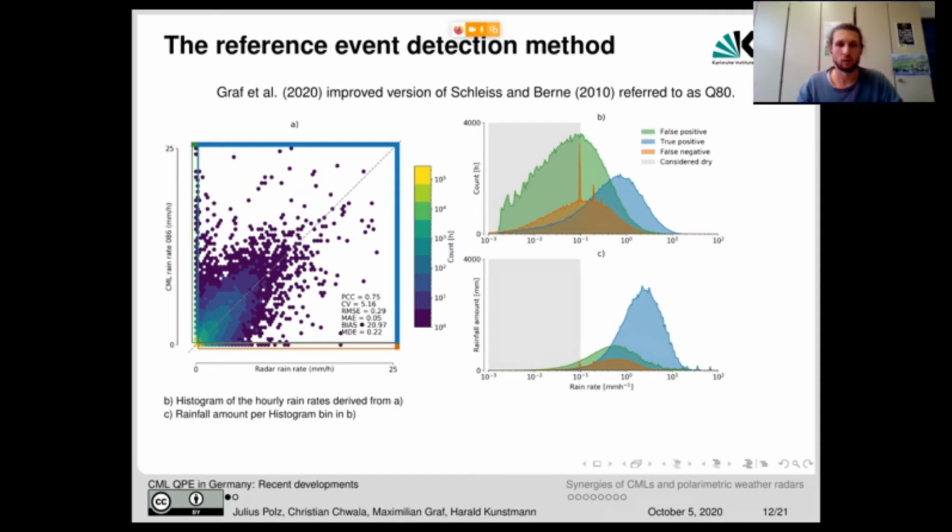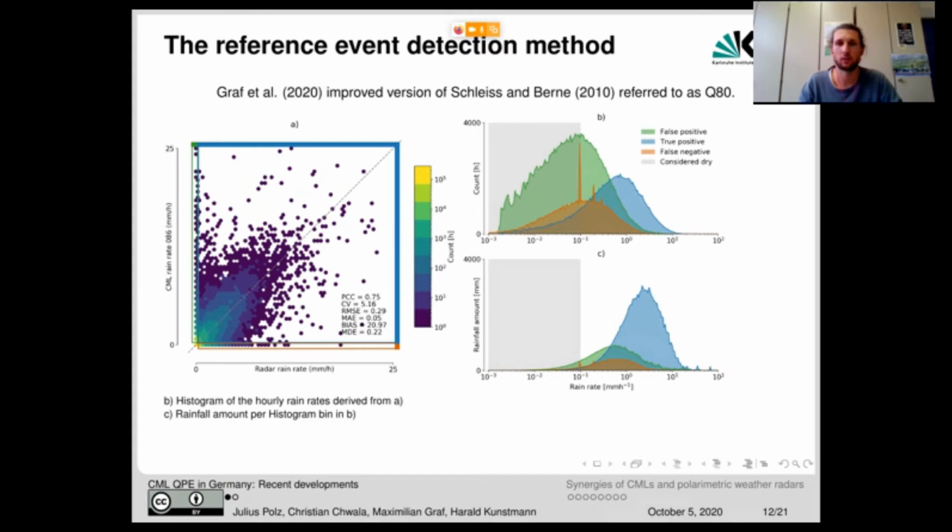So on the left-hand side, we got again this scatter density comparison between the CML and the radar. On the top right, the count of hours that are either false positive, so rainfall that we didn't want to detect. True positive is a rainfall that was detected rightly.